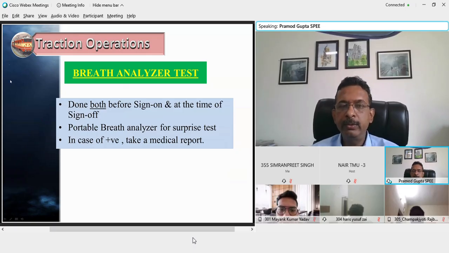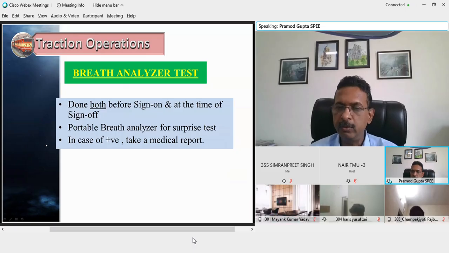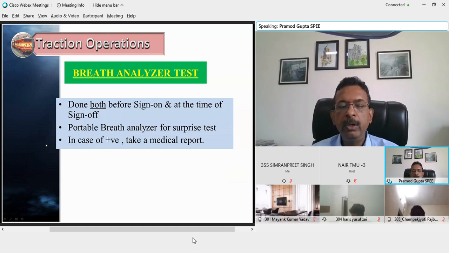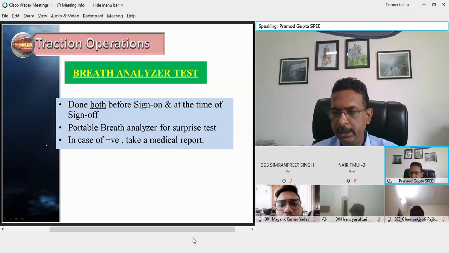So this was another issue which was brought to the notice, and we were supposed to devise a system to take care of the issues during the run, and that is why the concept of surprise test was introduced for the crew. Now we have portable breath analyzers which are available at different locations in the section, and they can be used by any staff or supervisor of any department on the crew if the authorization is given to them.